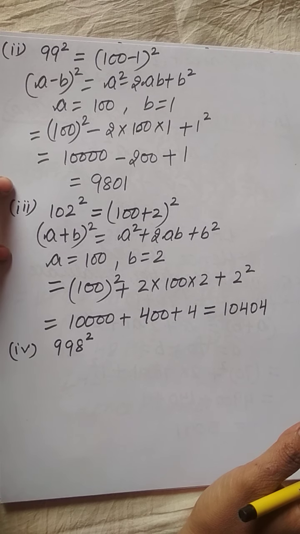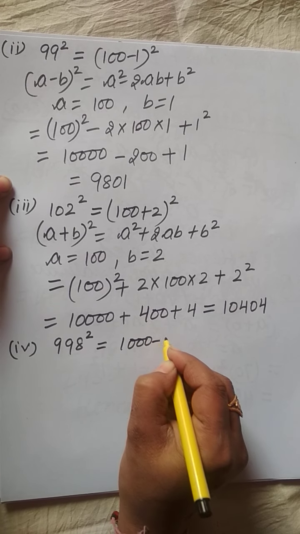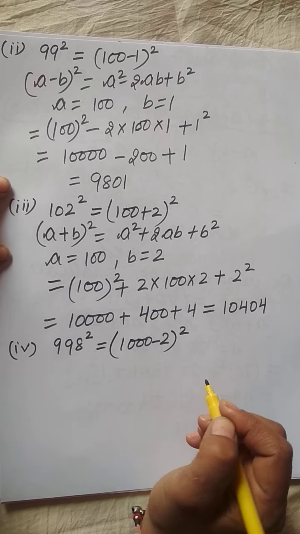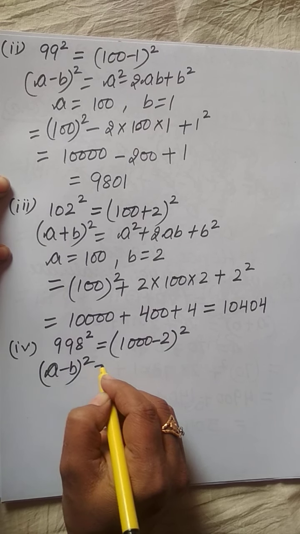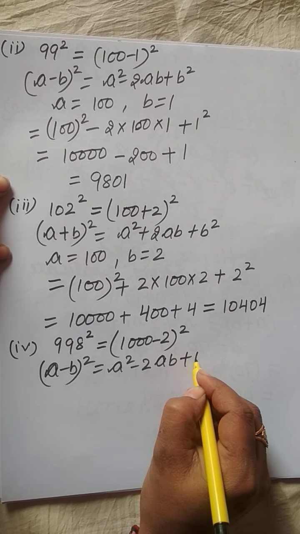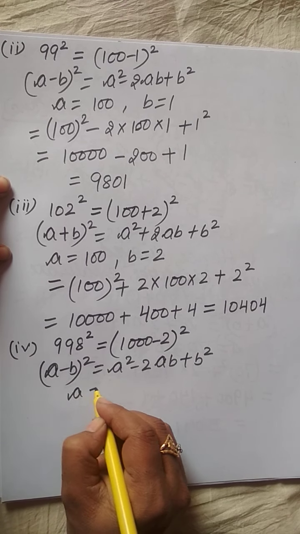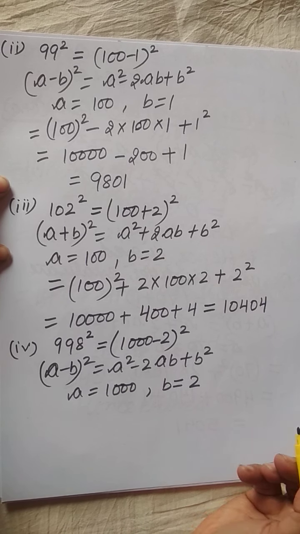Next part is 998 square, which is equal to (1000 minus 2) square. Now this is (a minus b) whole square, which is equal to a square minus 2ab plus b square. Here the value of a is 1000 and b is 2.